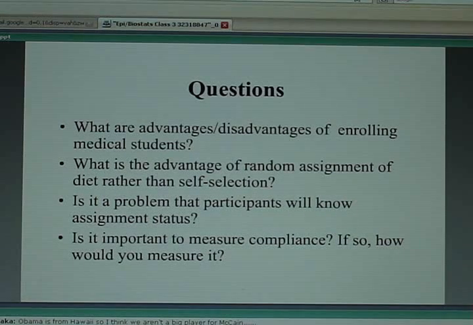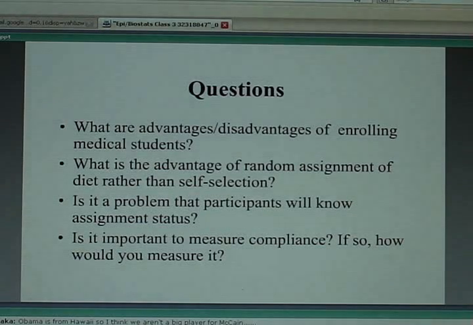And maybe because they're interested in health and in promoting health in populations, they'd be more willing to be experimental subjects in this study. So one reason for selecting medical students is that they might be willing to say, yes, I'll be part of this study. Another reason is that they might be more willing to stay in the study once the study begins.